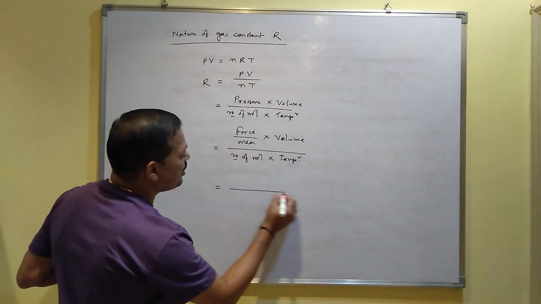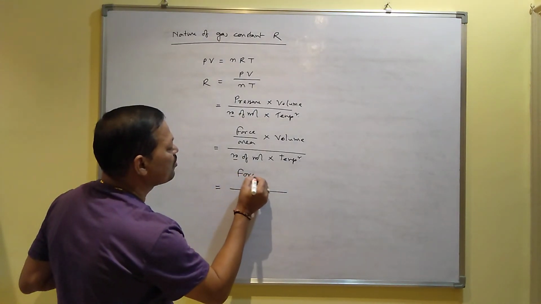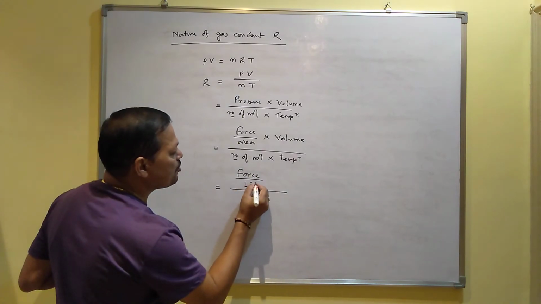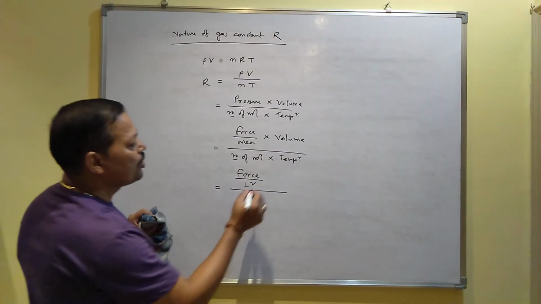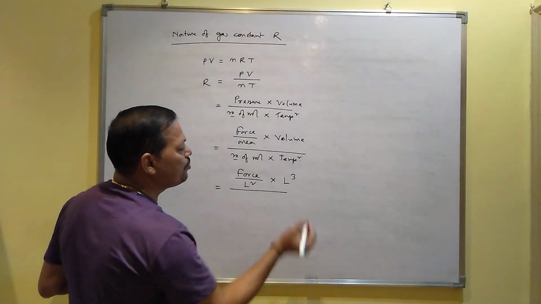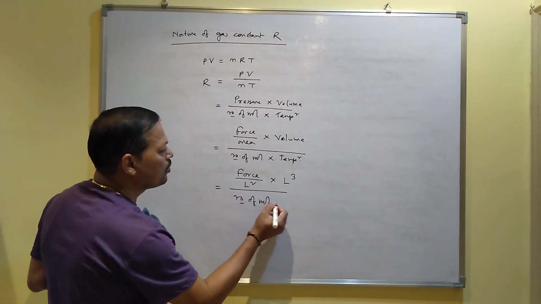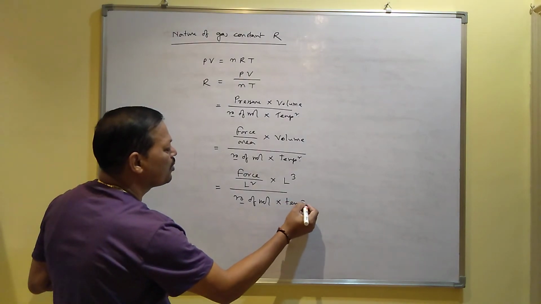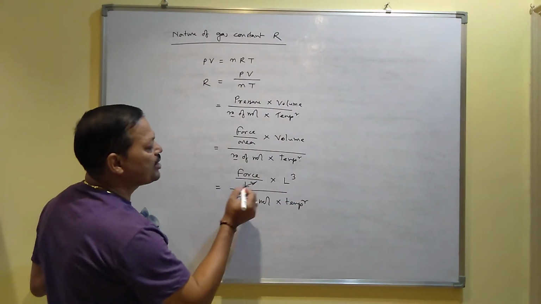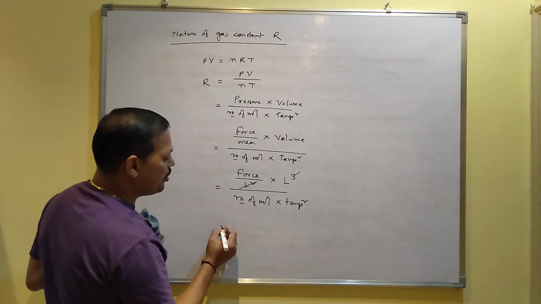This is equal, you can write force. Area means you can write L square, I mean length square. Volume means you can write L cube, divided by number of mole into temperature. Here L square cancels, one L will be left.